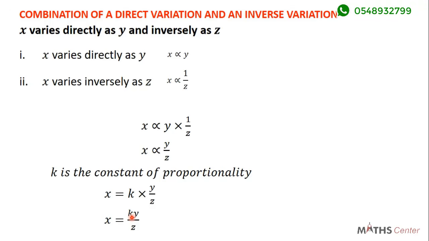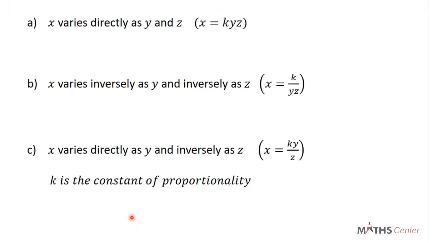So we've considered three cases: when there is a combination of direct variation, when there is a combination of inverse or indirect variation, and when there is a combination of both direct and inverse variation. When there's a combination of direct variation, that is x varies directly as y and z, x is equal to kyz, where k is the constant of proportionality.